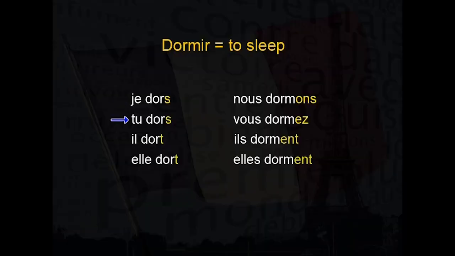As you can see, the stem of the verb has remained intact. So the whole conjugation of the verb dormir would be je dors, tu dors, il dort, elle dort, nous dormons, vous dormez, il dorme, elle dorme.